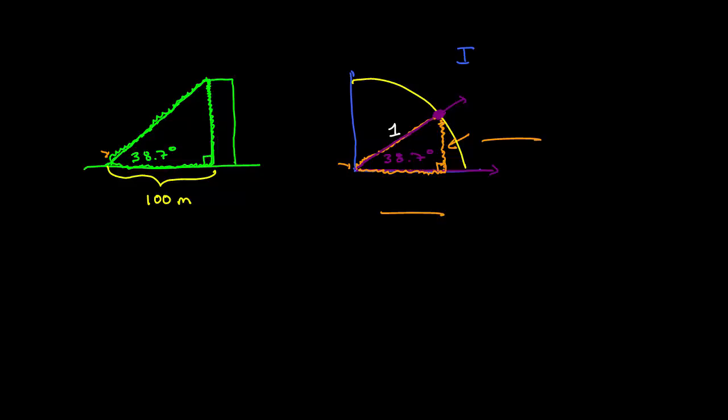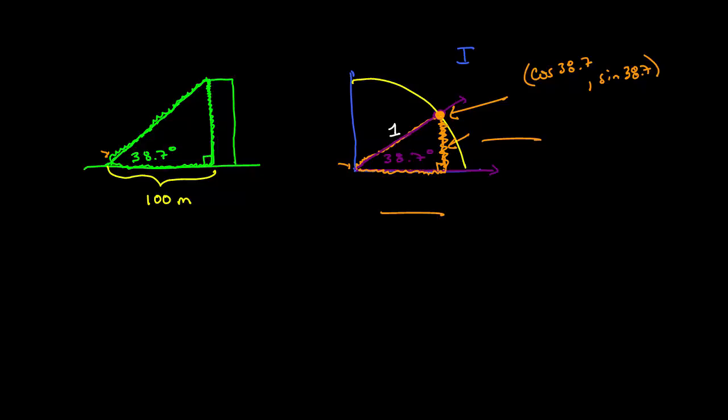Now, how am I going to do it? Well, I know that this point right here has coordinates. Its x value is the cosine of 38.7, and its y value is the sine of 38.7. So I'm just going to take my calculator, make sure that I'm in degrees, because that's what I'm working in right now, and I'm going to first find the cosine of 38.7.